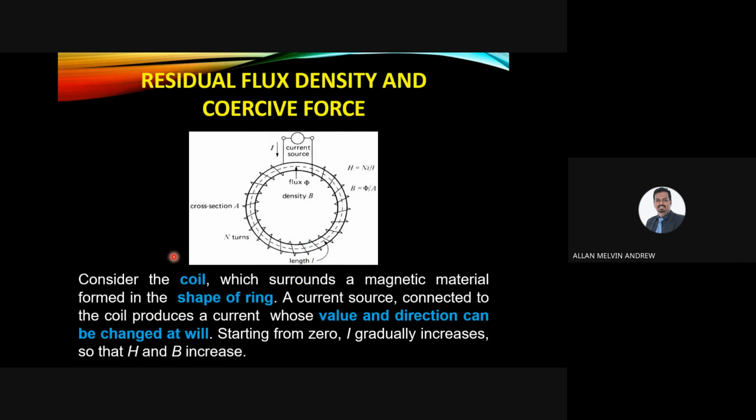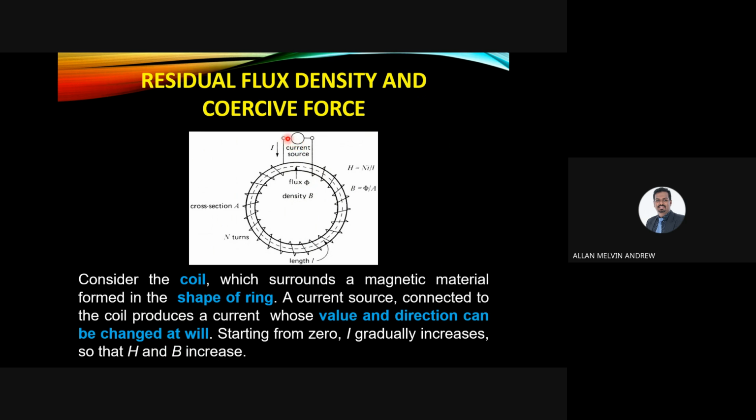Okay, so residual flux density and coercive force. That's another thing that we call residual flux density and coercive force. In an electrical machine, usually a coil will be like this.